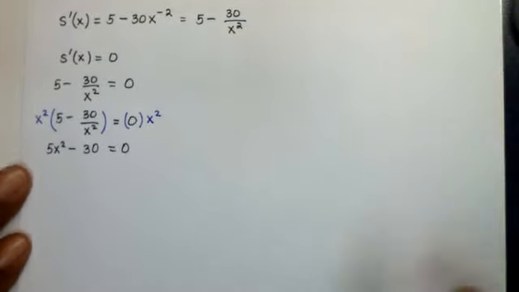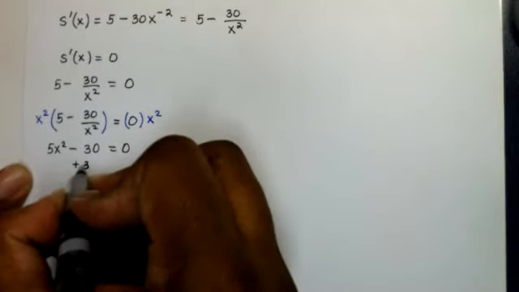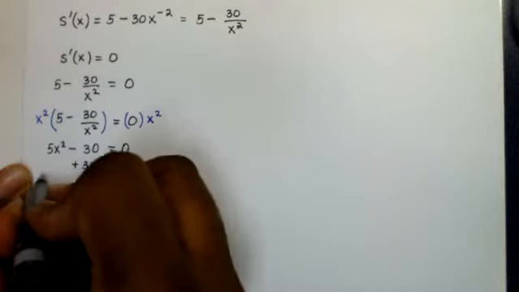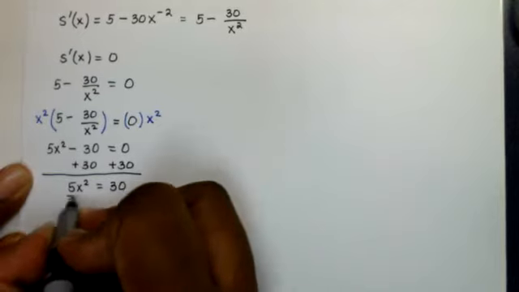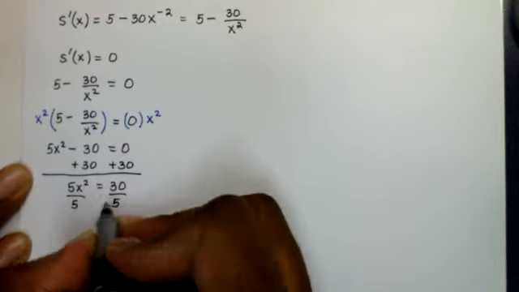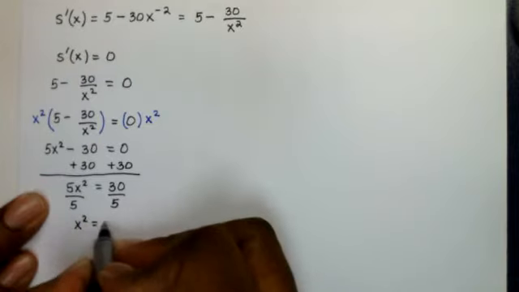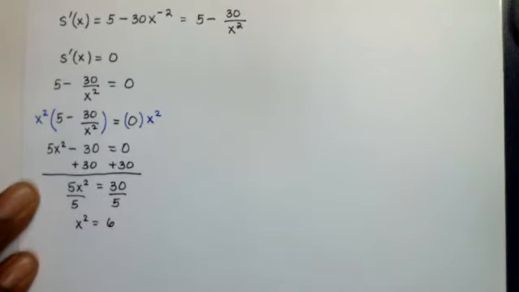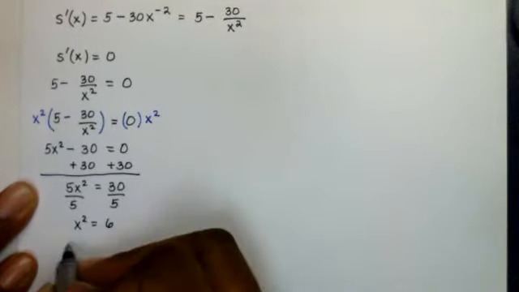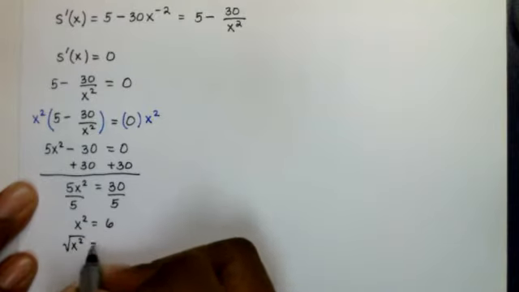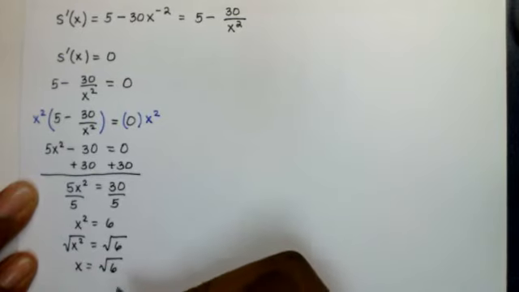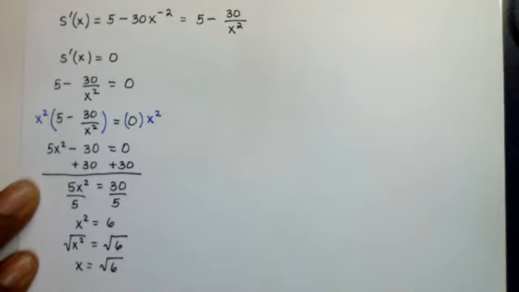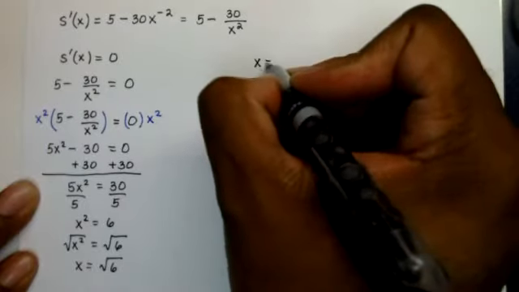And then I'm going to solve for x by adding 30 to both sides. That means 5x squared is equal to 30. Divide both sides by 5, and you get x squared is equal to 6. Here I'm just going to take the positive square root because I know length can't be negative. So take the square root on both sides. It'll be x is equal to the square root of 6. So one of the numbers there will be x is equal to the square root of 6.